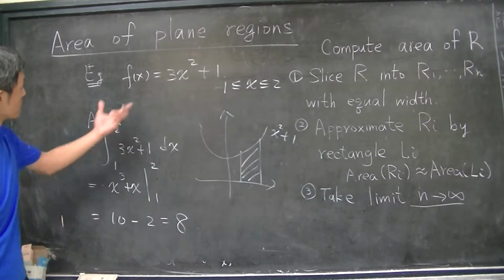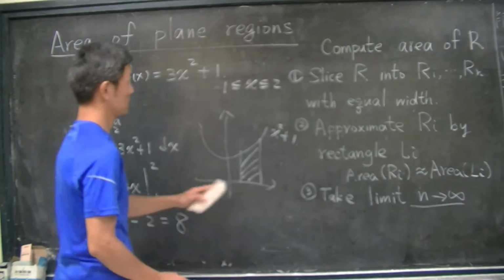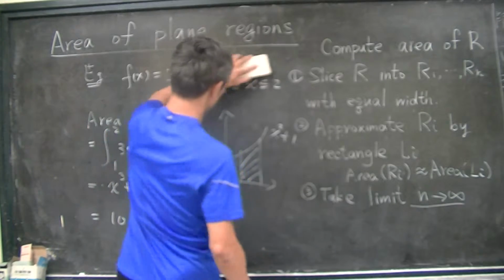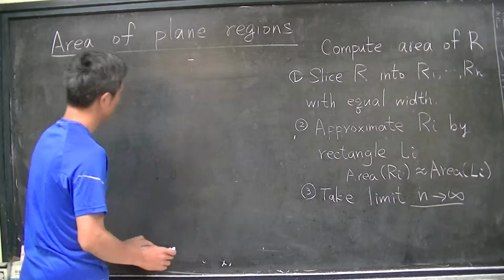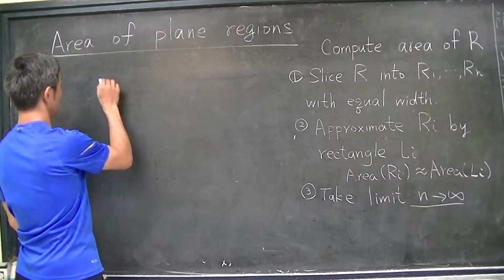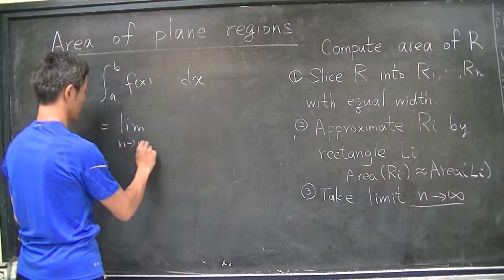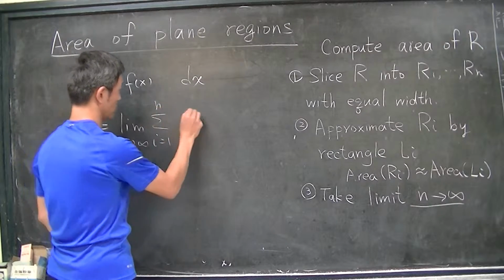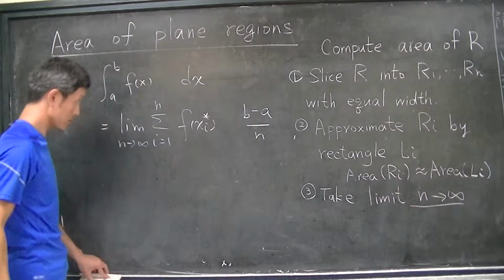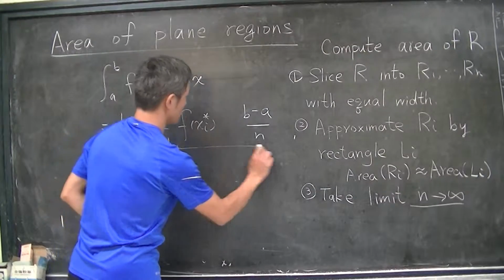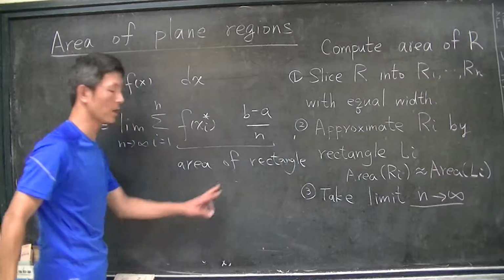Now, if we want to generalize this idea to more general functions, maybe we can come back to observe the formula again. Here, this is the area of a rectangle.